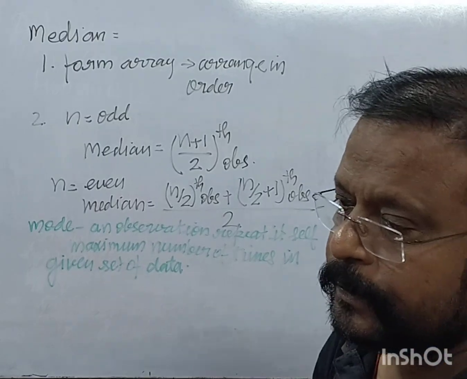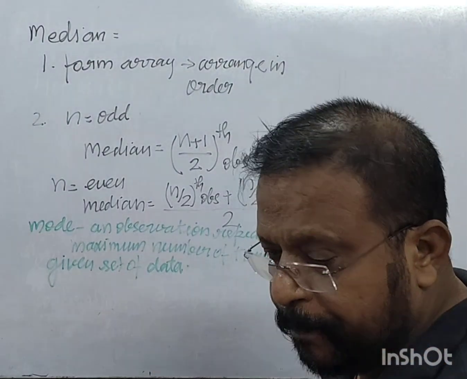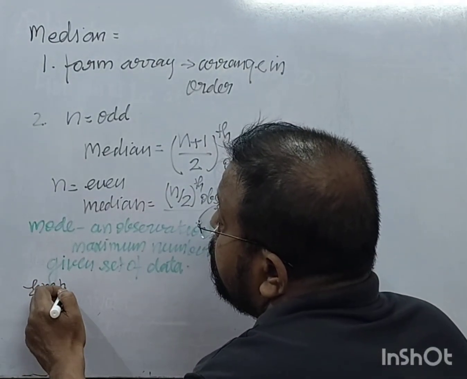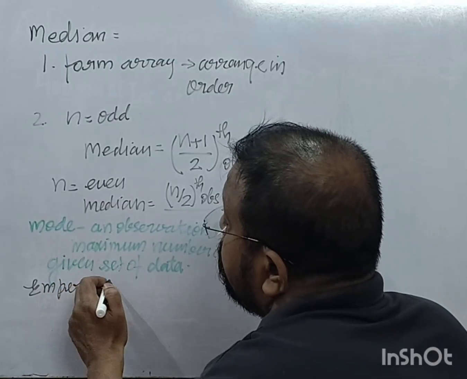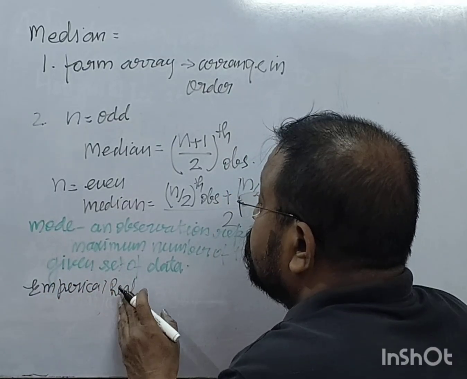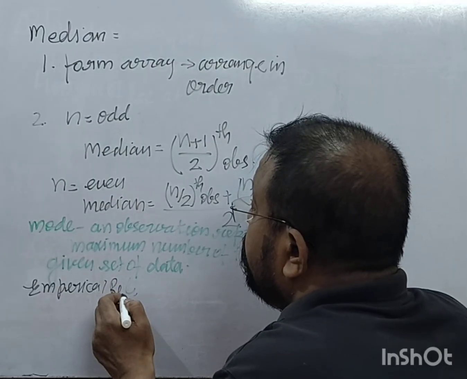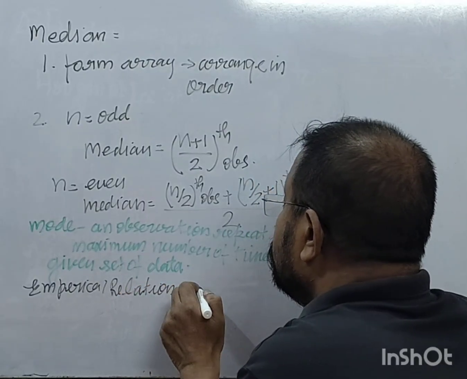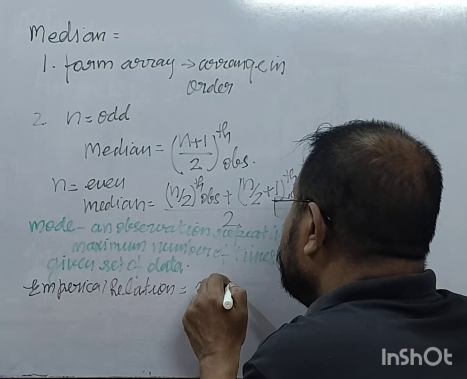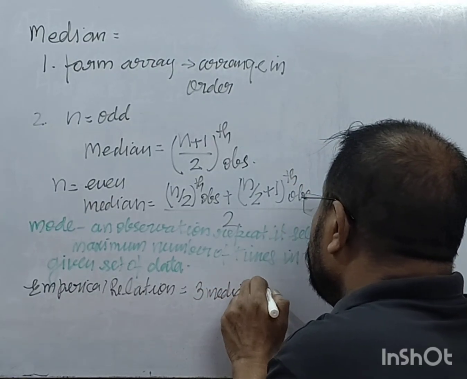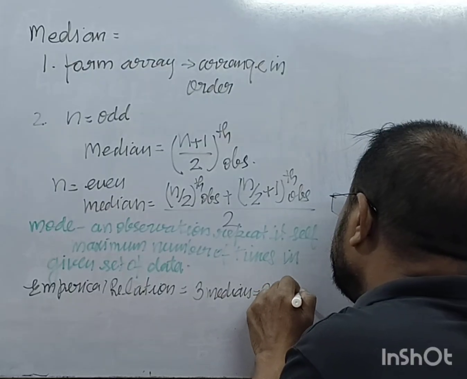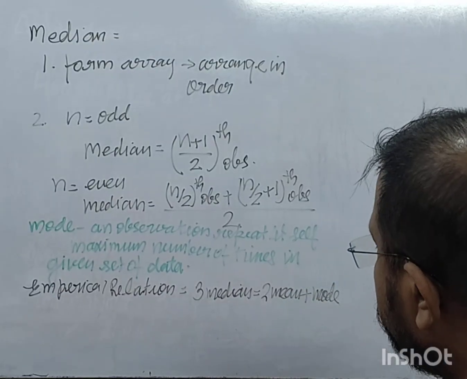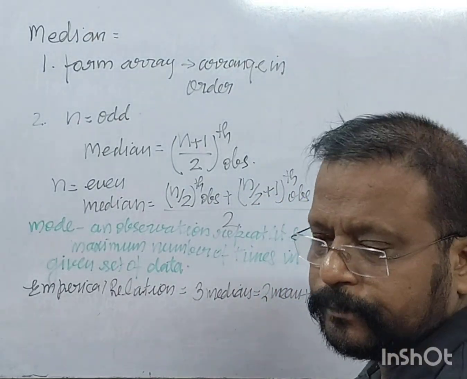Getting? That is mode. And empirical relation is equal to 3 median is equal to 2 mean plus mode. 3 median is equal to 2 mean plus mode. Getting?